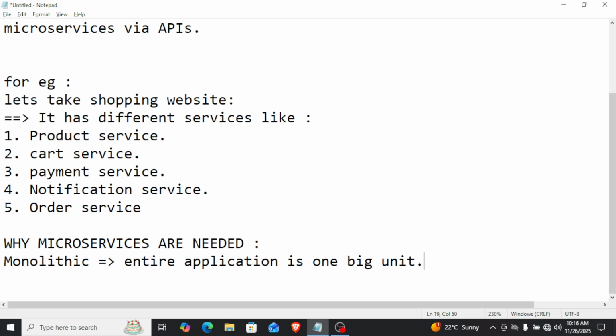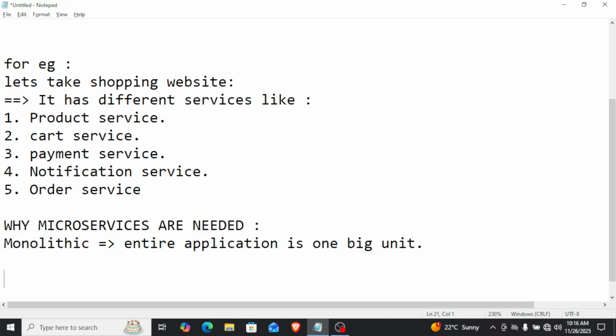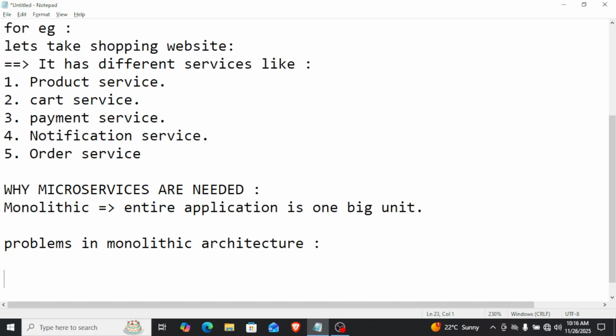When the user base increases, monolith has problems. Problems in monolithic architecture. One is slow development.